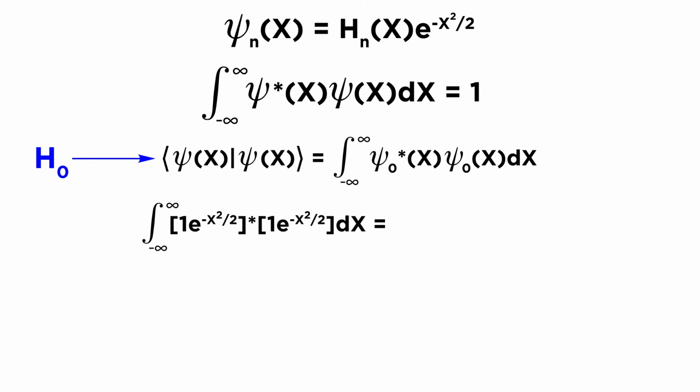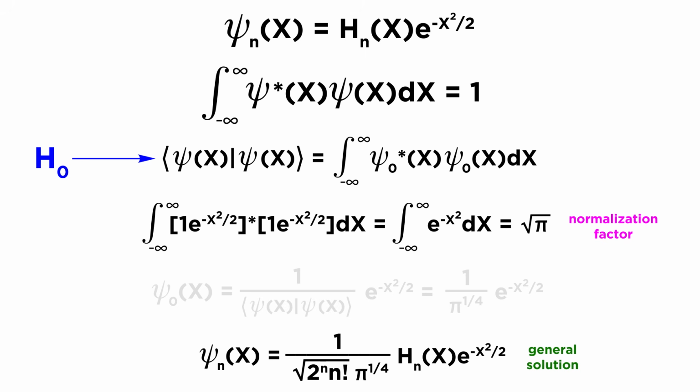Since there are no complex terms here, psi and psi star are identical, so we can simply square the expression, which means that these exponents will add together, and a negative half of negative big X squared minus another half of negative big X squared equals 1 full negative big X squared. Now the integral of this expression happens to be equal to root pi.